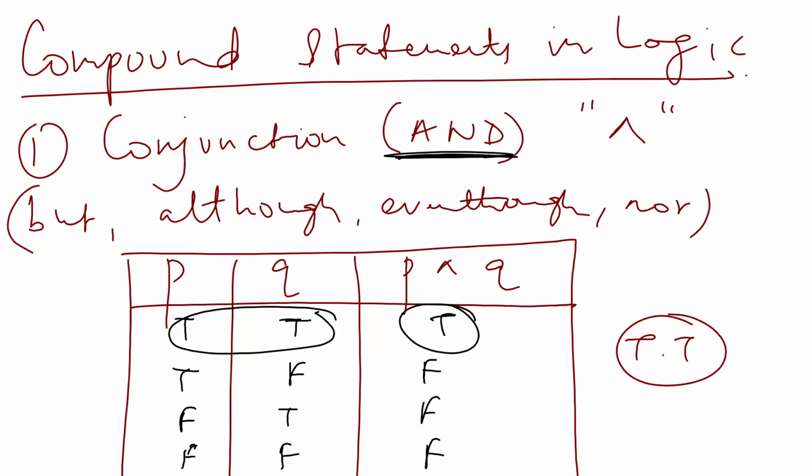Second part. Second one is disjunction. It's or, denoted with this V. Disjunction is or.